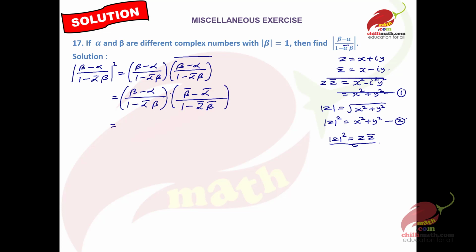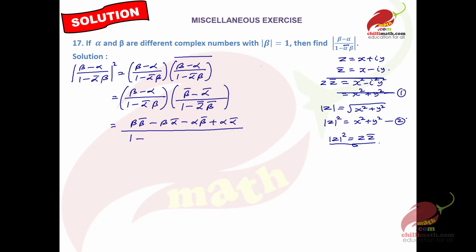Now simply multiplying beta into beta conjugate minus beta into alpha conjugate minus alpha into beta conjugate plus alpha into alpha conjugate over 1 into 1 is 1 minus 1 into alpha conjugate conjugate.